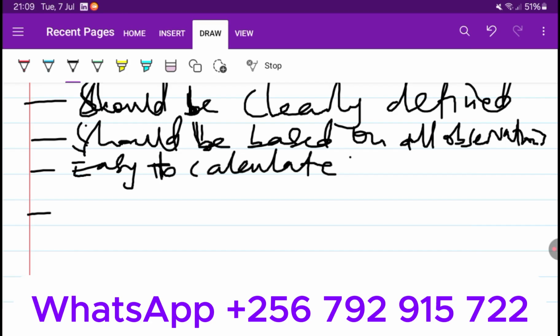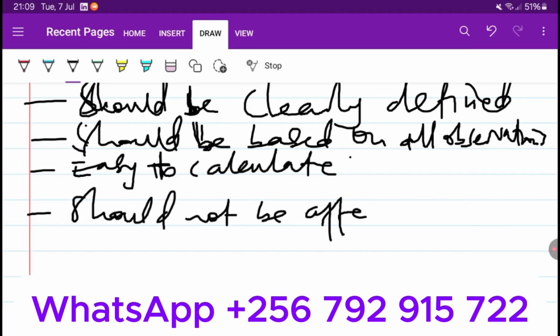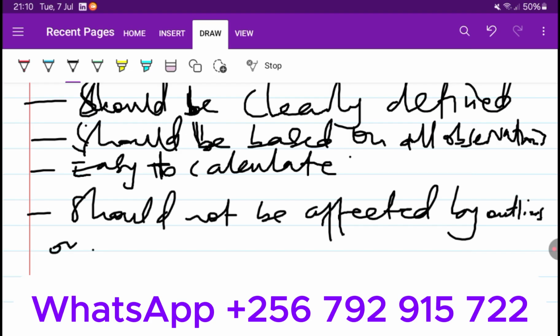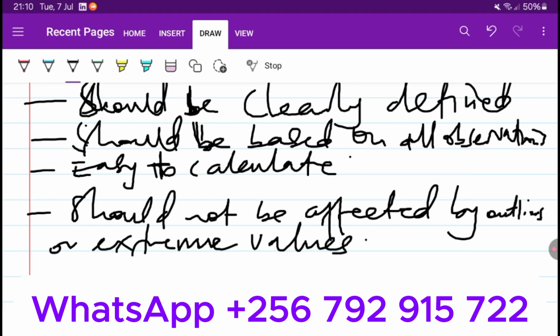Then the other is that it shouldn't be affected by extreme values, or what we call outliers. These are values which are too small or too big. You'll find that some of these measures of central tendency, like the mean, are going to be affected by the outliers.